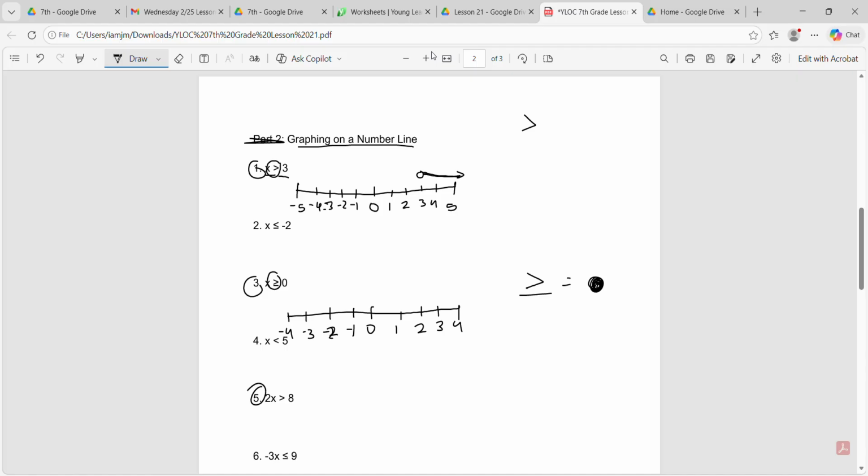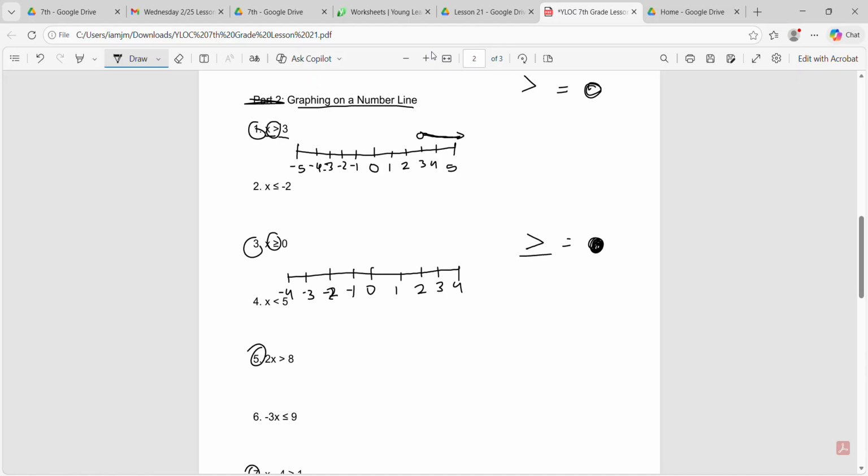If it's just greater than with no equal sign, it's an open circle. Greater than or equal to means that x can be 0 or any number greater than 0. X is greater than 3 means x has to be greater than 3, so it can't be 3. The possibilities start from 4, 5, and so on.